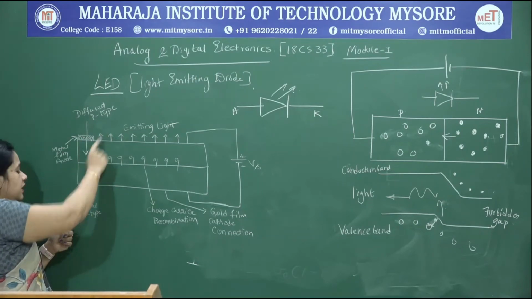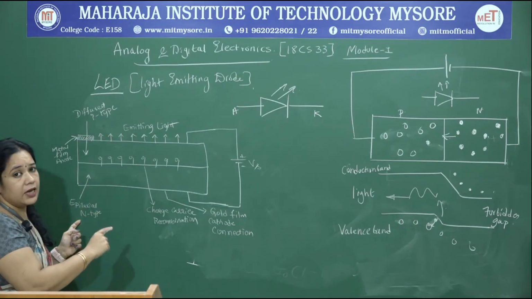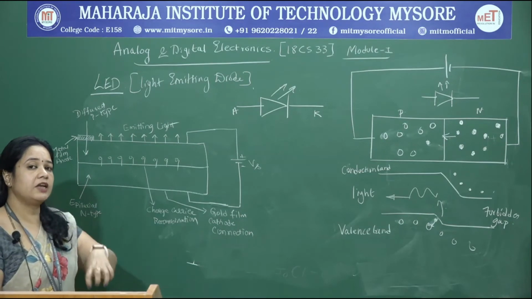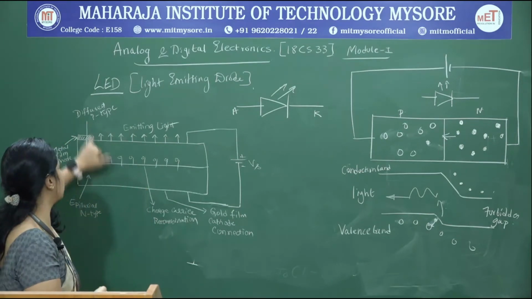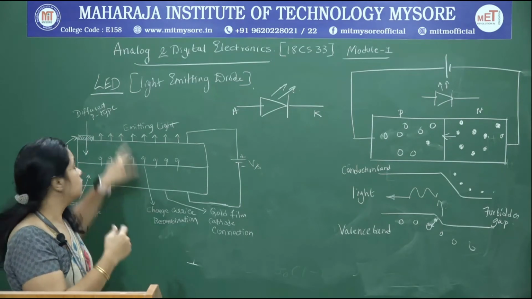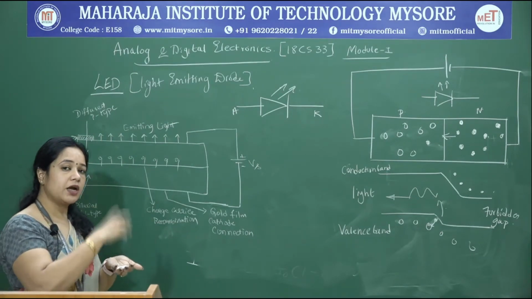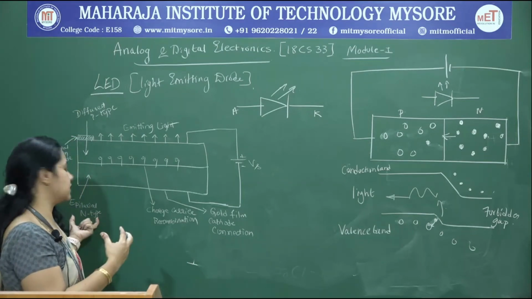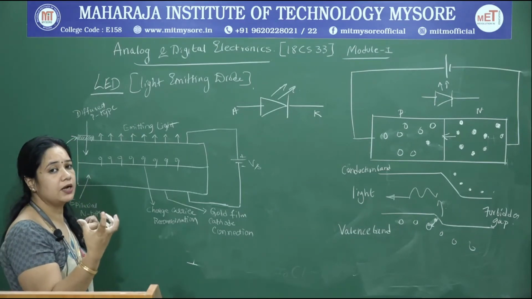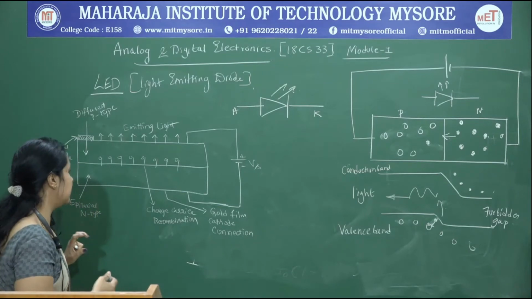Why do we call it diffused p-type and epitaxial n-type? It is named after the way in which it is developed. Here we use the diffusion method to form a p-type semiconductor, and on an n substrate we grow an n layer. That method of constructing an n-type semiconductor we call the epitaxial layer.